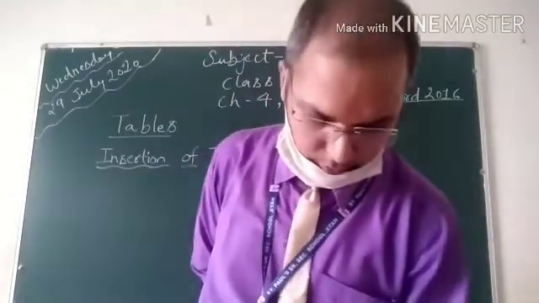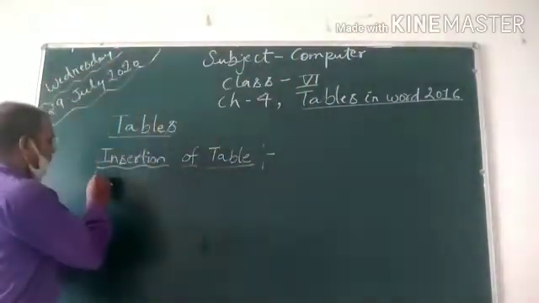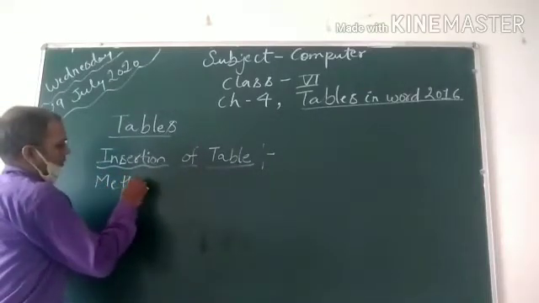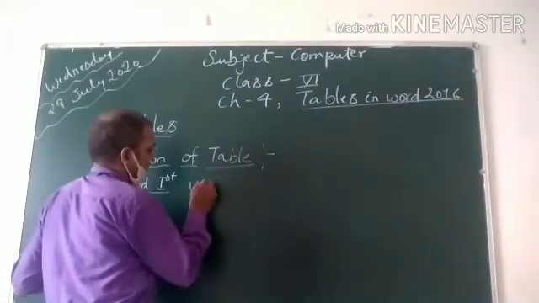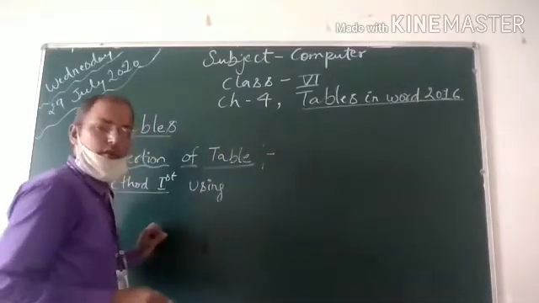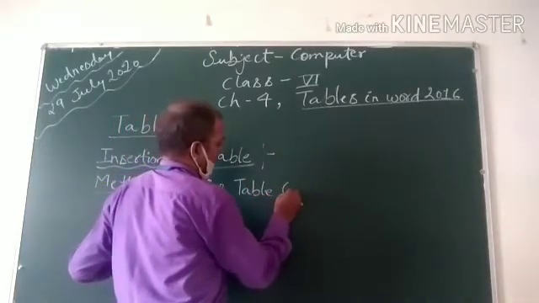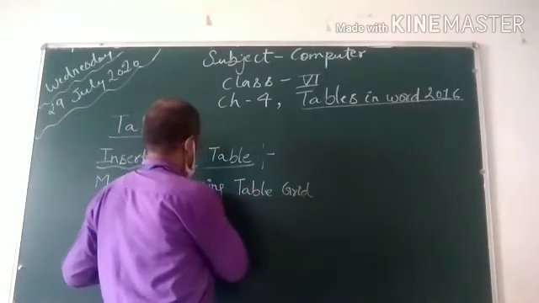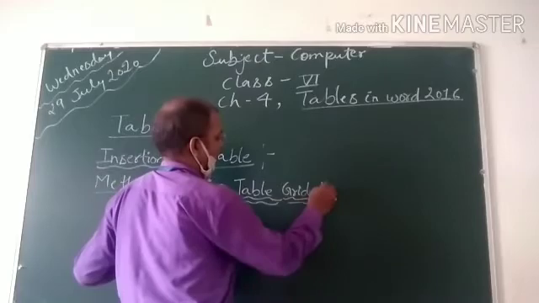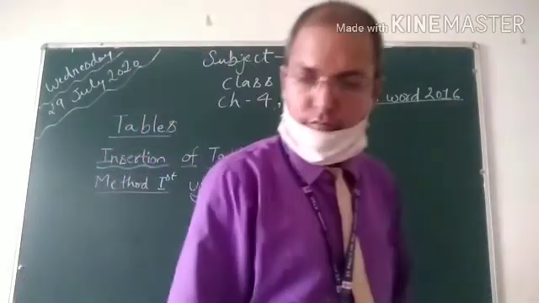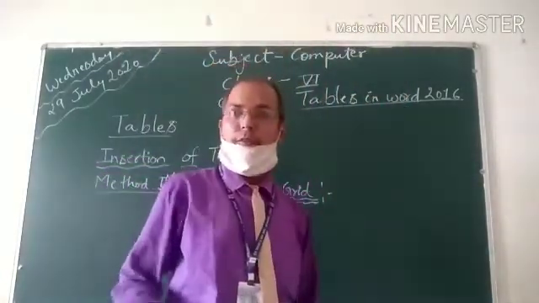So the first method is using the table grid. This means insertion of a table by the first method.